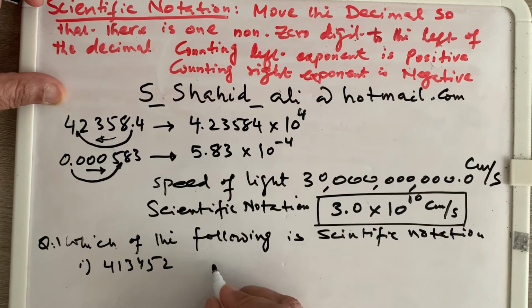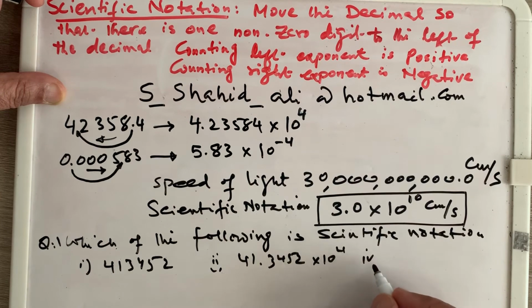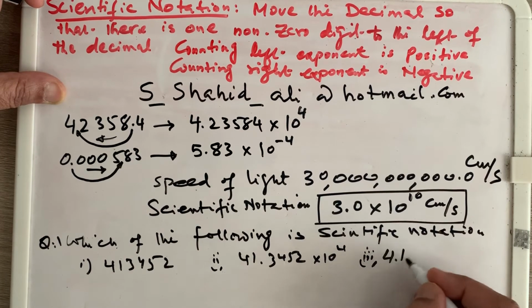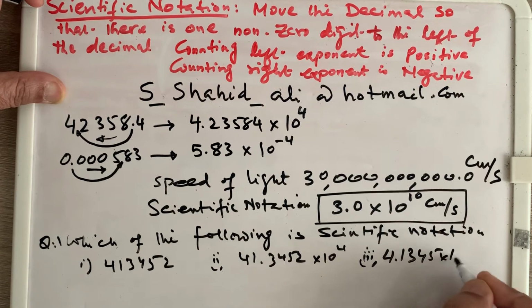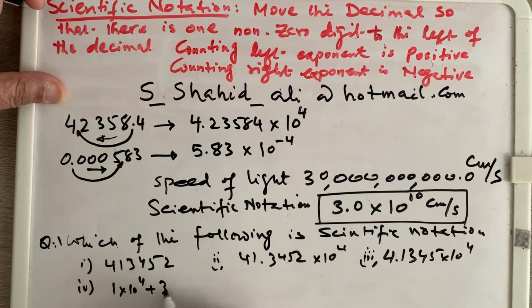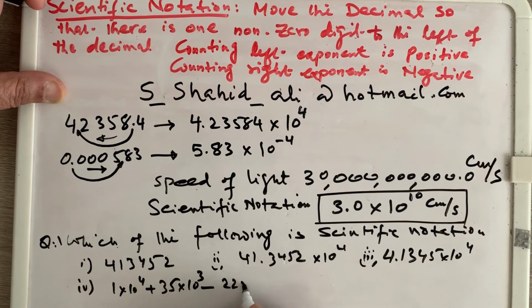So one number is this, the second number may be 41.3452 with exponent 4, and then the third number is 4.13452 times 10 to the power 4, and the fourth notation is written like a combination of something, maybe like this: 1 times 10 to the power 4 plus 35 times 10 to the power 3 plus or minus 22 times 10 to the power 5.